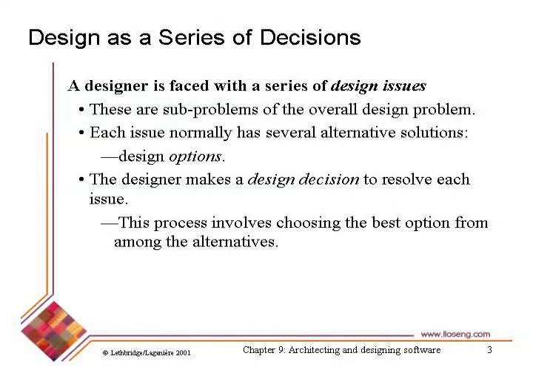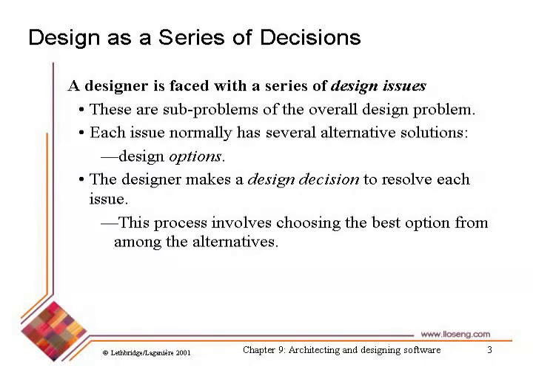Do I do this approach, or do I do that approach? And you make a decision from several options. So this concept of design decision, which commits you to a certain path in your eventual implementation, is key to design. You make a series of design decisions, and eventually you end up with a complete design.